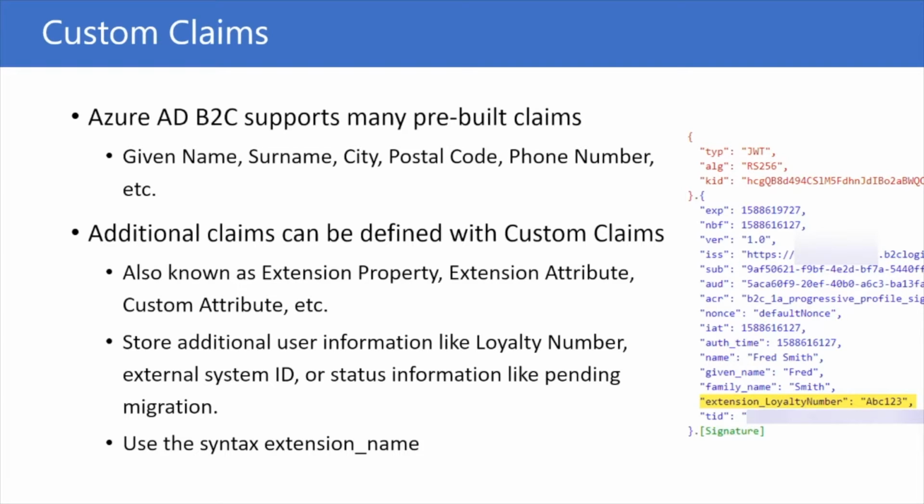And you'll see here as an example of a returned token, it includes a loyalty number claim that's marked by the name extension underscore loyalty number and this arbitrary loyalty number that corresponds to Fred Smith's account.